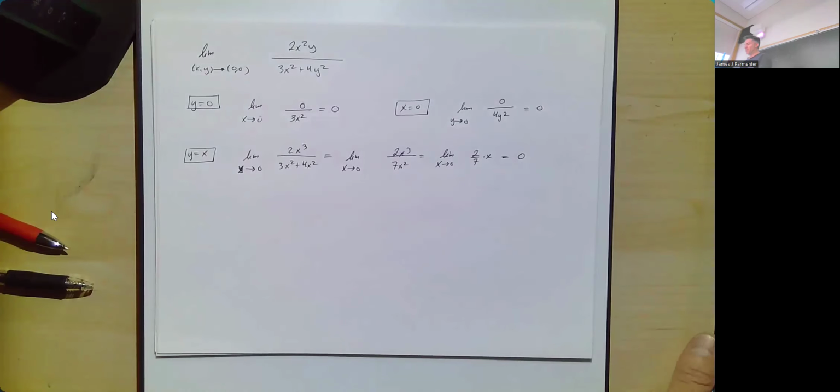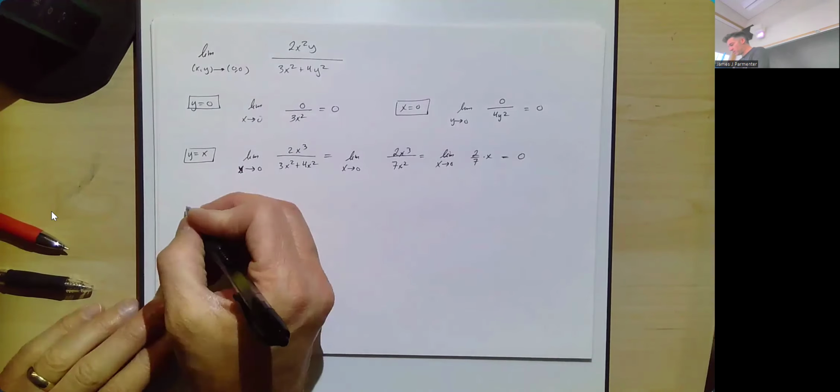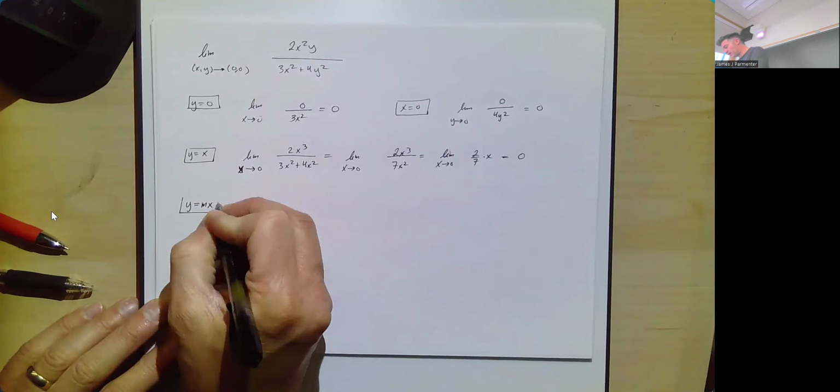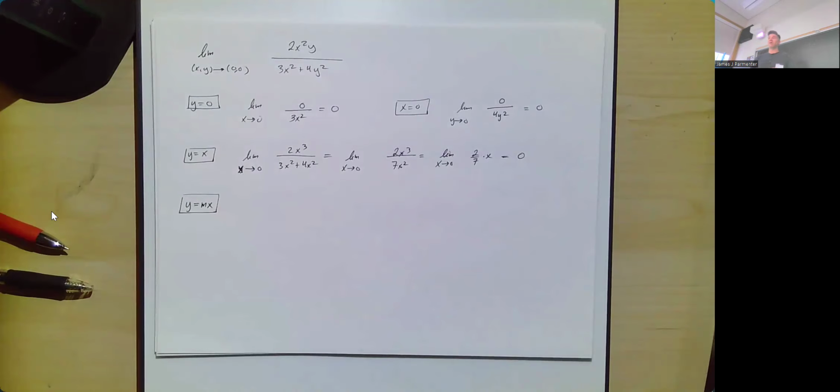There's lots more things I could try. I don't really want to because I know the limit is 0. But there are lots of other things you could try. Right? y equals x squared, y equals 2x. Something people do sometimes, although I haven't seen your professor do this, but definitely the person who taught this last course did this all the time, is they like to say, I'm going to try every straight line that goes to the origin. y equals mx, where m could be any real number: 1, 2, 3, 4, 5, pi, square root of 2.